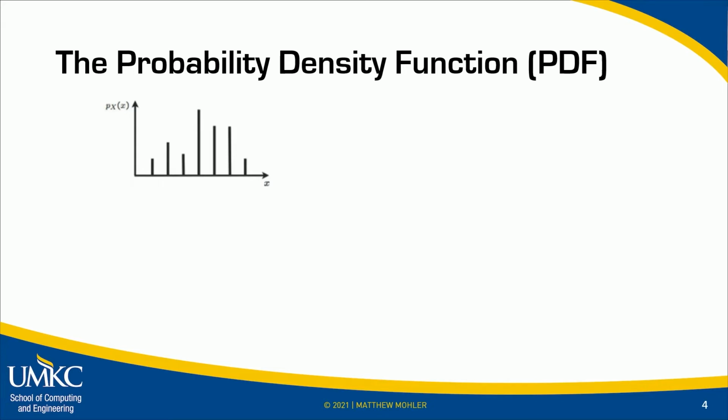Now, for this, we said that maybe we want to assign some arbitrary a and b to our graph and find the probability that our random variable x is between the values a and b. And to do this, we would just take the sum over all possible values of x that are between a and b. And specifically, we're going to sum the probabilities, or the probability mass function, of those specific values.